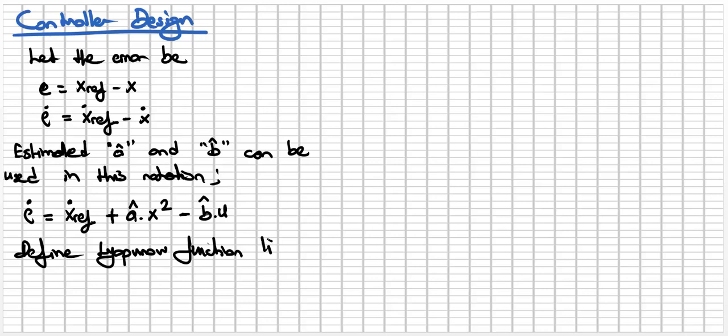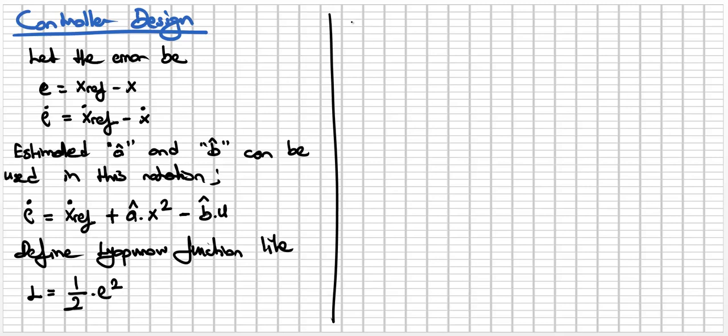Like L is equal to what? 1 divided by 2 times E square. Because the only objective is to minimize the reference tracking error, okay? And so if we combine the estimator model and these things, we will call it adaptive control, okay?